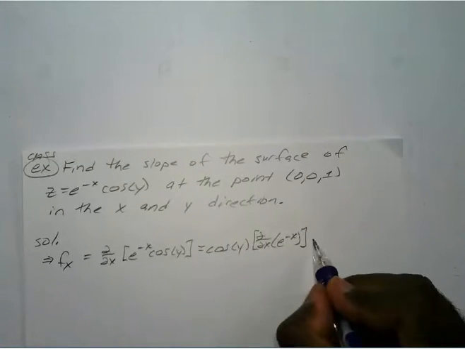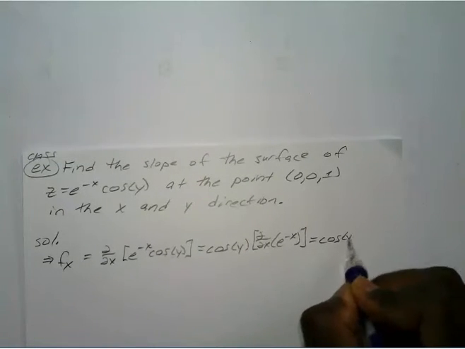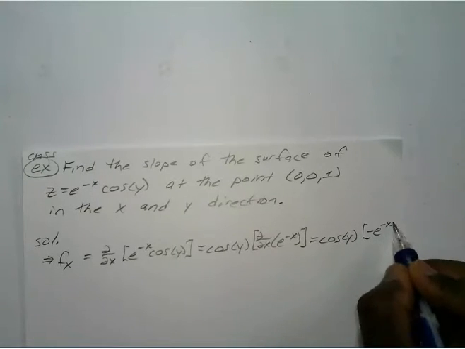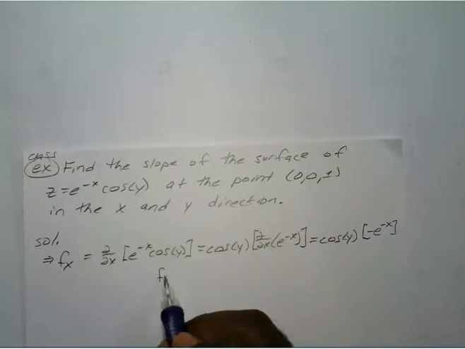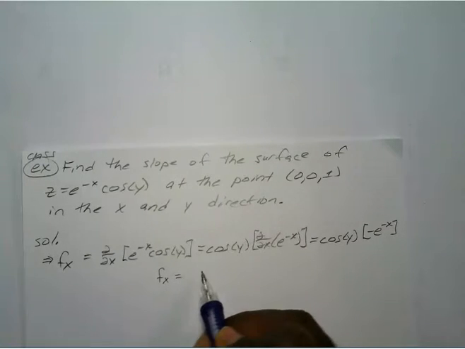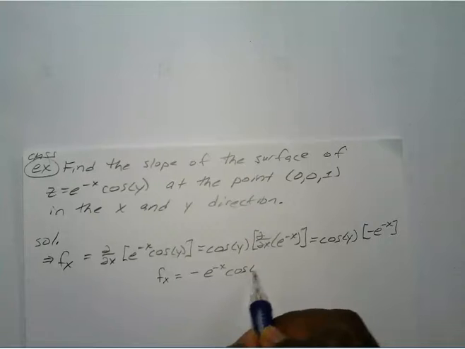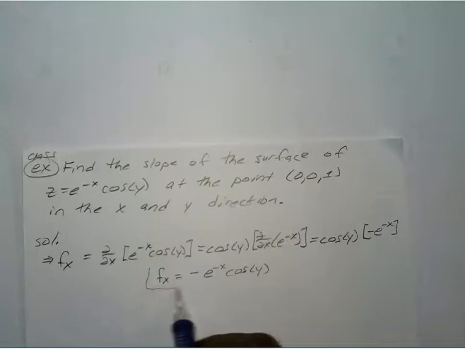Okay, which is really just cosine of y times negative e to the negative x. Okay, so your partial with respect to x is equal to negative e to the negative x cosine of y.